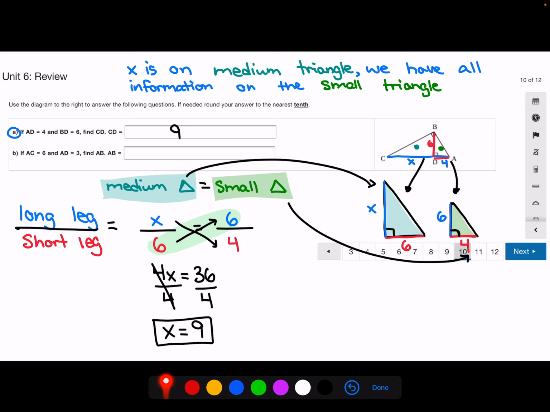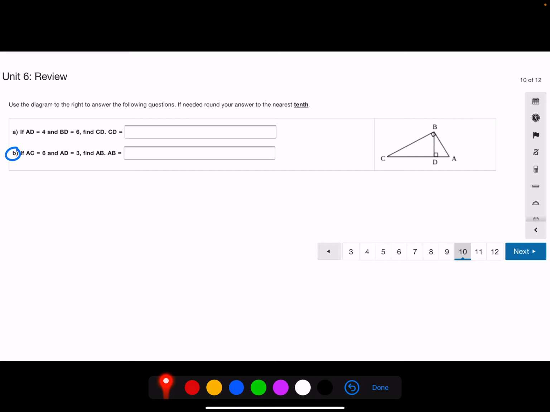All right, next up, part B. This time, AC is 6, AD is 3, and we want to find AB. So think about what information we have on this triangle. Well, if AC is 6, that's the hypotenuse of the large triangle.